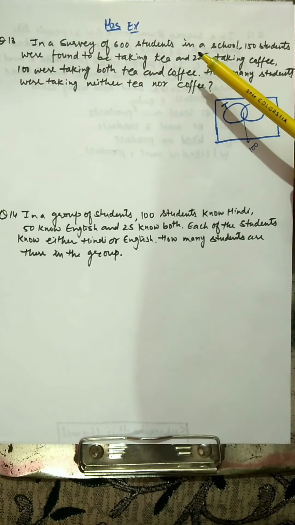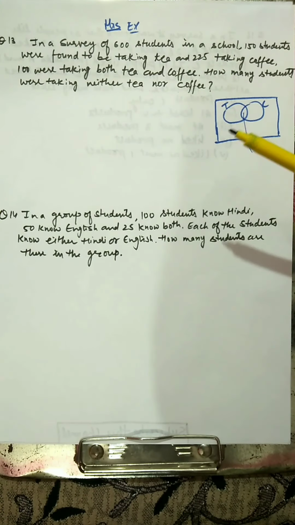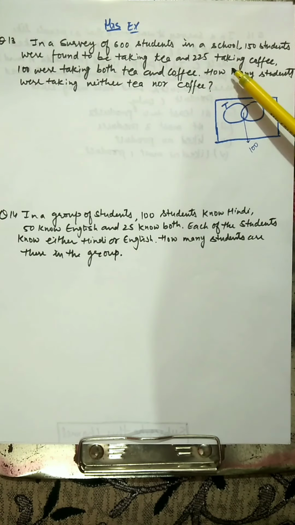I'm repeating my question again: out of these 600 students, there is a possibility that there are some students lying outside this circle area, because there are some students who like neither tea nor coffee.